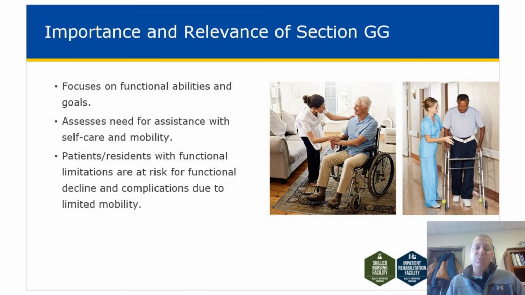Section GG does a really nice job of assessing the need of assistance for self-care skills and mobility, and I'll focus again more on self-care skills in a few minutes.